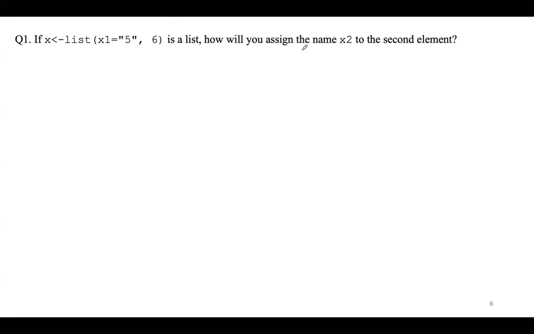What command would you use to assign the name x2 to the second element? So we've seen this in today's class. You want to try? Okay, I will write it then.